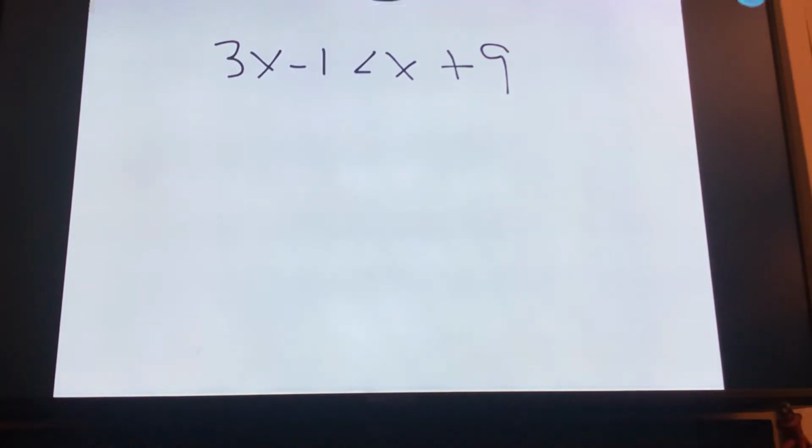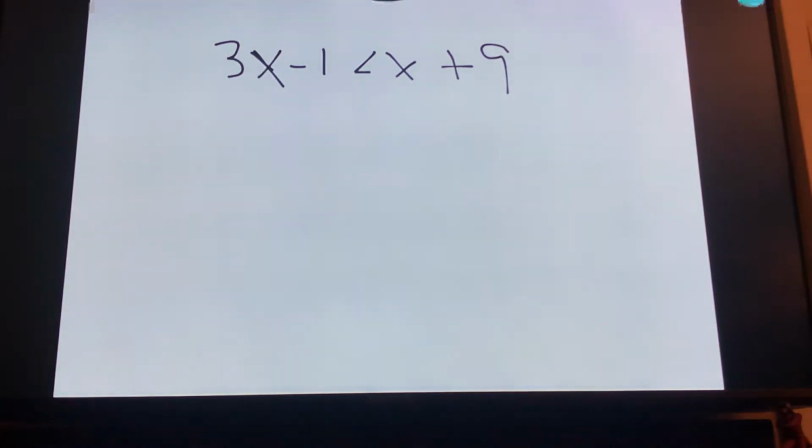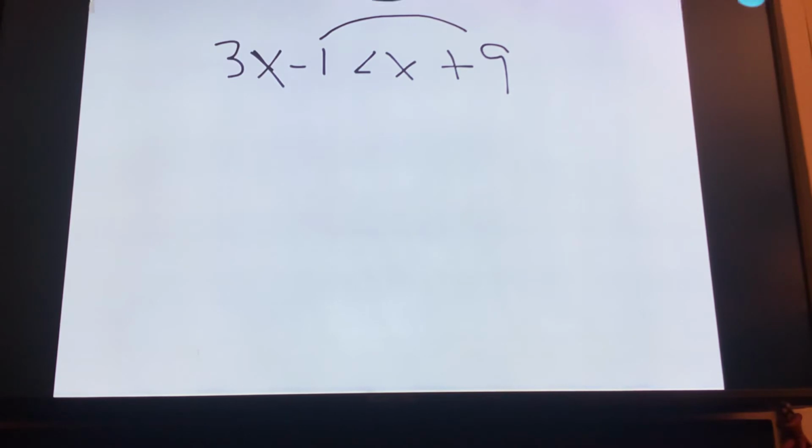All right, so we have 3x minus 1 is less than x plus 9. Well, we got double variables and double constants this time. So we want to go ahead and move this over, and that gives us 10 on the right, and we'll go ahead and put our inequality sign.